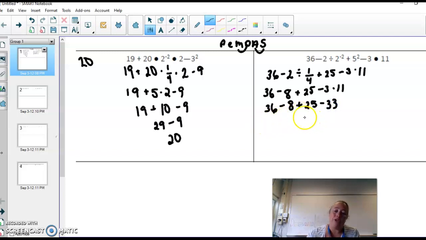Now, you should be able to do this all in one step. Okay, 36 minus 8 is 28, plus 25, but I'm going to do it step by step. Minus 33. Okay, 53 minus 33, and so my answer is 20.